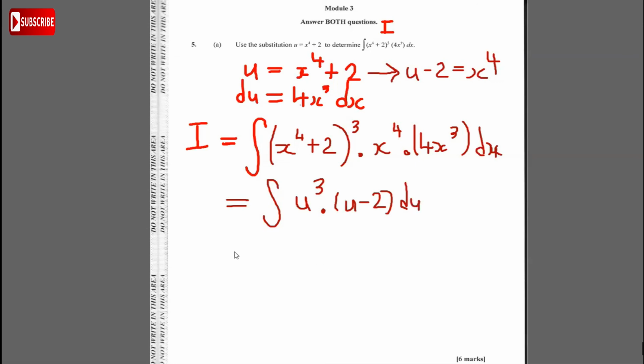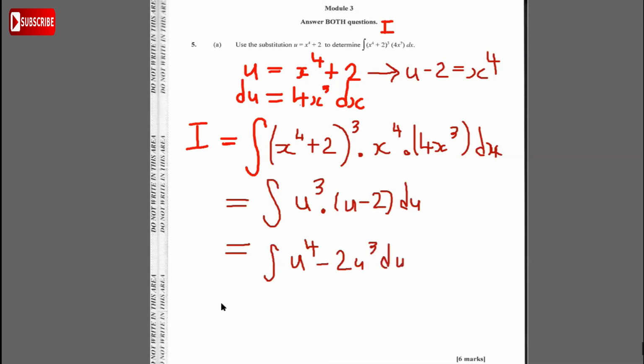Nice and easy. So we can go ahead and finish this. We're going to have u cubed times u is u to the 4. Then u cubed times 2 is minus 2u cubed du.